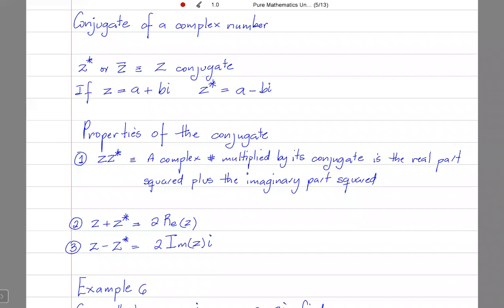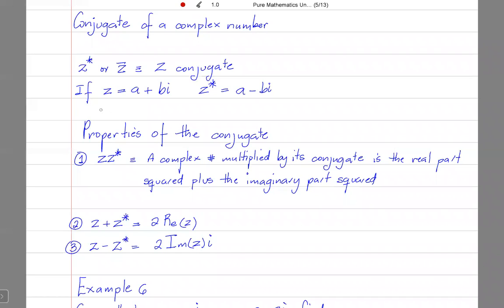All right, so we're looking at the conjugate of a complex number. If you see a Z with a star in superscript, or a Z with a dash over it, you'll read that as the conjugate of Z, or Z conjugate. If Z is the complex number a plus bi, Z conjugate would be a minus bi.